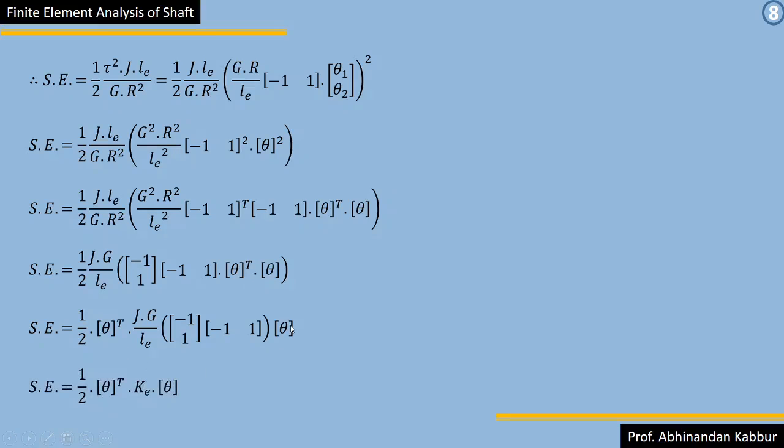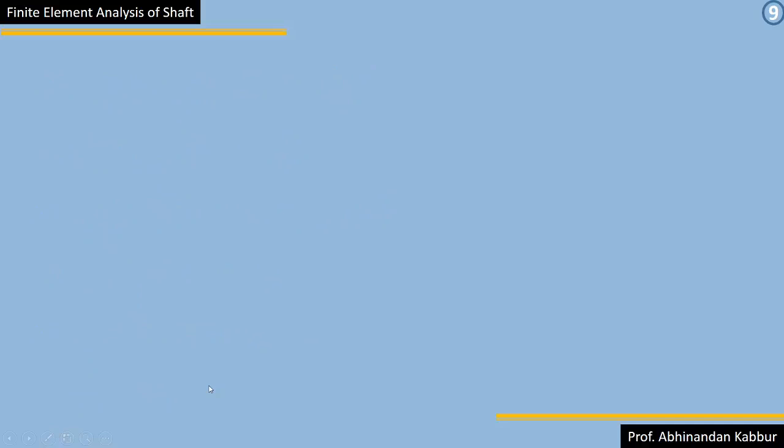So this is the strain energy I am going to get. It is half into theta transpose into this entire term, which becomes my stiffness, into theta. Therefore my Ke, that is the stiffness matrix for the shaft element, is J into G divided by Le, into the column matrix minus 1, 1 and the row matrix minus 1, 1.